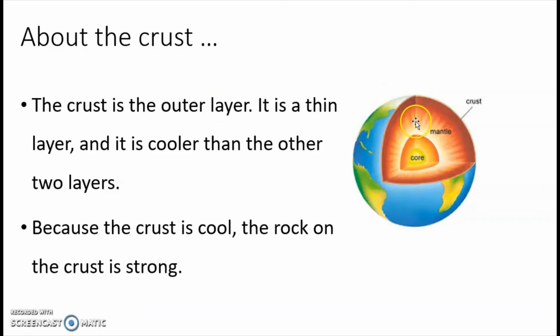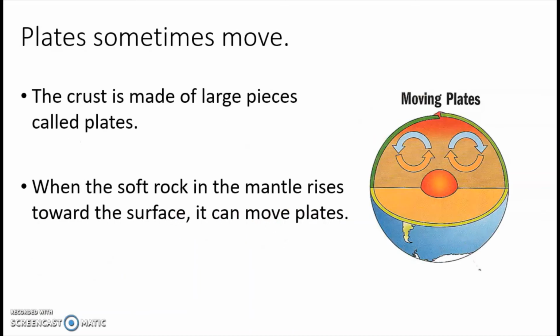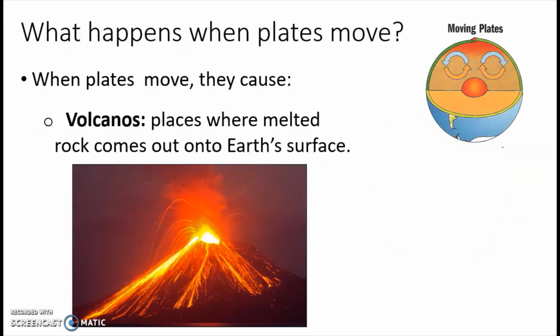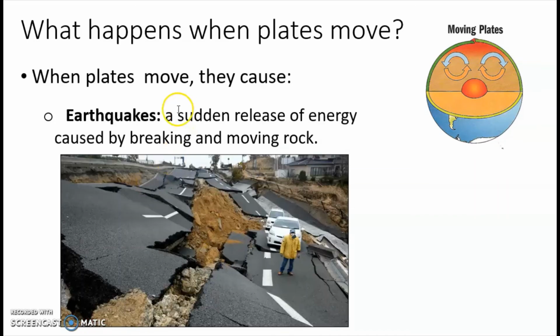When the melted rock in the mantle tries to go up to the surface, the plates move. The plates that the crust is made out of move. And when the plates move, one of two things happens: volcanoes or earthquakes. Okay, so that's it for the lesson.